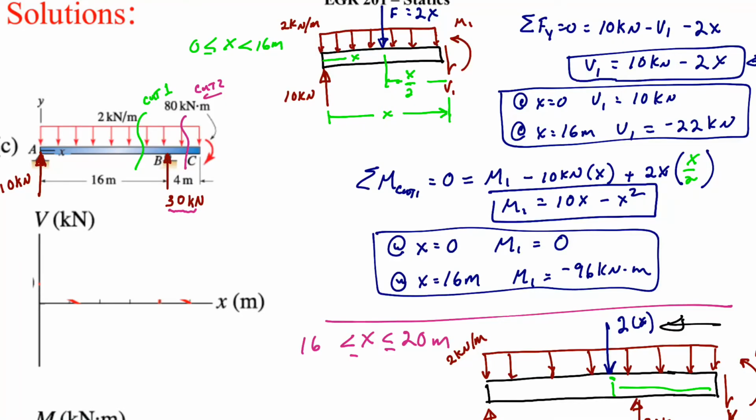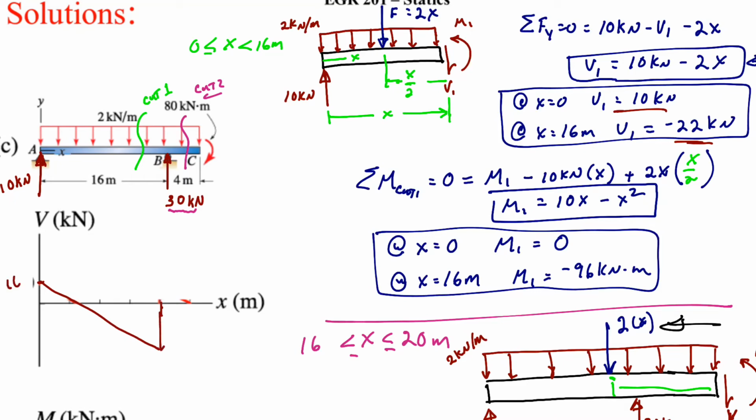So we'll start with the shear and go through the shear. We see at 0, it is 10 kilonewtons, so it starts out at 10 right away, and then at 16, it goes to a negative 22. So if we come down here, that's a linear equation that comes like this.